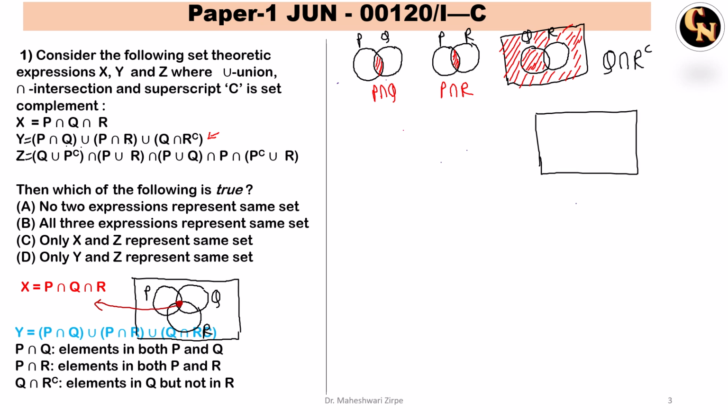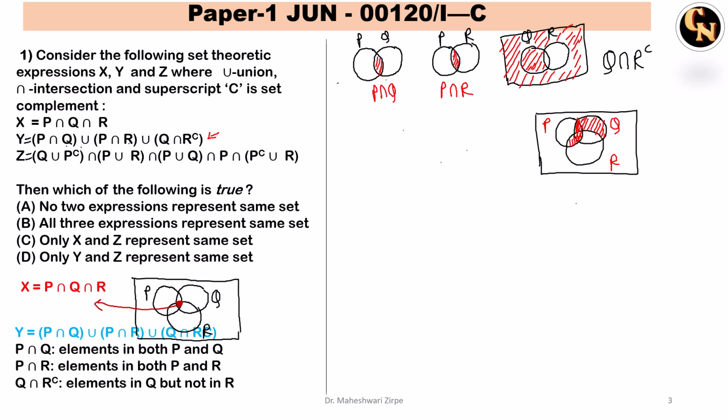It will be P, Q and R, and in that also, let us take all the shaded part of PQ, that is this. Then PR, so if this is P, this is Q and this is R, then R indicates this part, and Q is this shaded part.